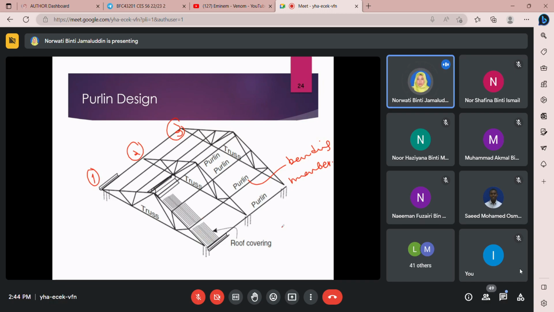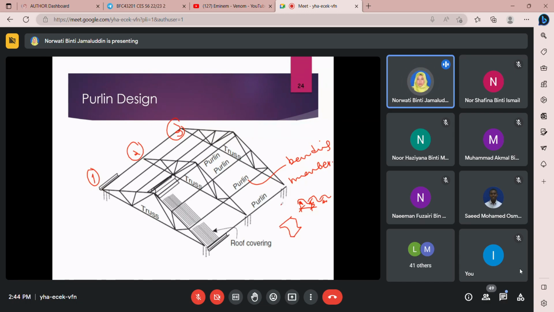If you have cement tiles, it's like an S shape. Of course, you need something to support the S curve here. So you may need to arrange your purlins with a certain distance to accommodate these tiles.